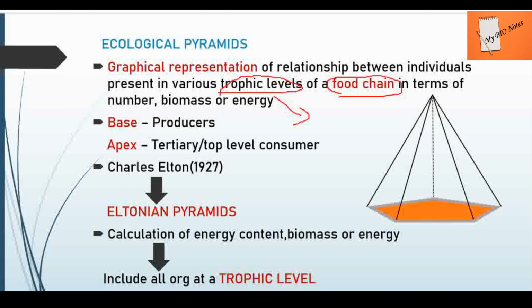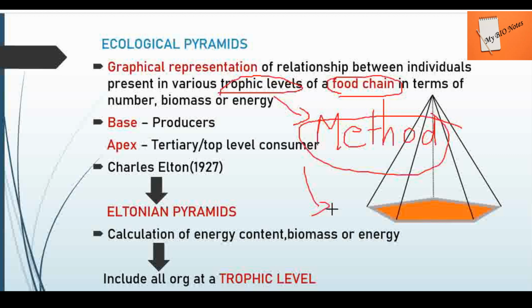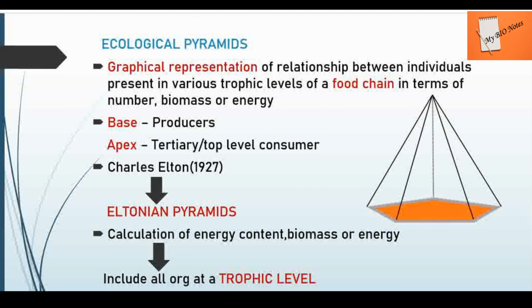How a particular organism is going to get its food, either as a herbivore, a plant-eating animal, or a carnivore, that method we call the trophic level. So herbivores are at one trophic level, then carnivores come. You might have learnt that in the food chain. Let's not go deep into this.